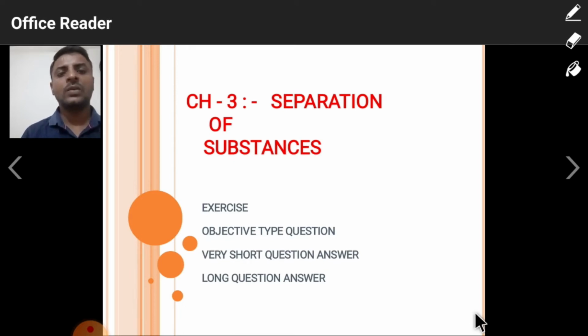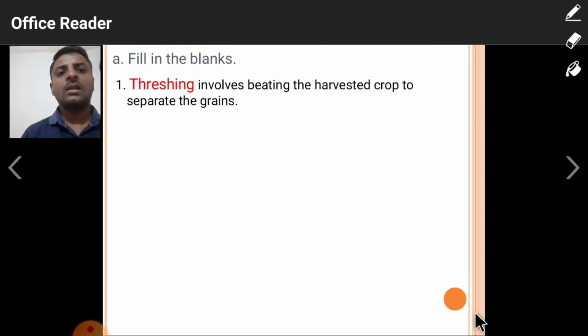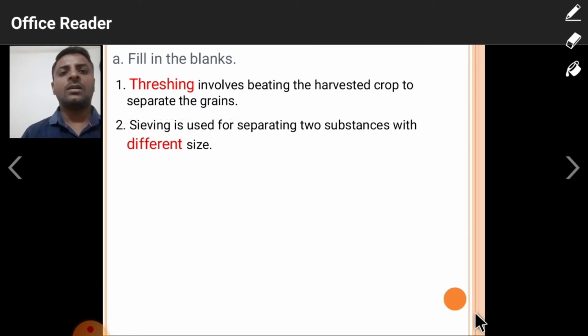Let's start the questions. That is question number 1. Fill in the blanks. Threshing involves beating the harvested crop to separate the grains. Sieving is used for separating two substances with different size.